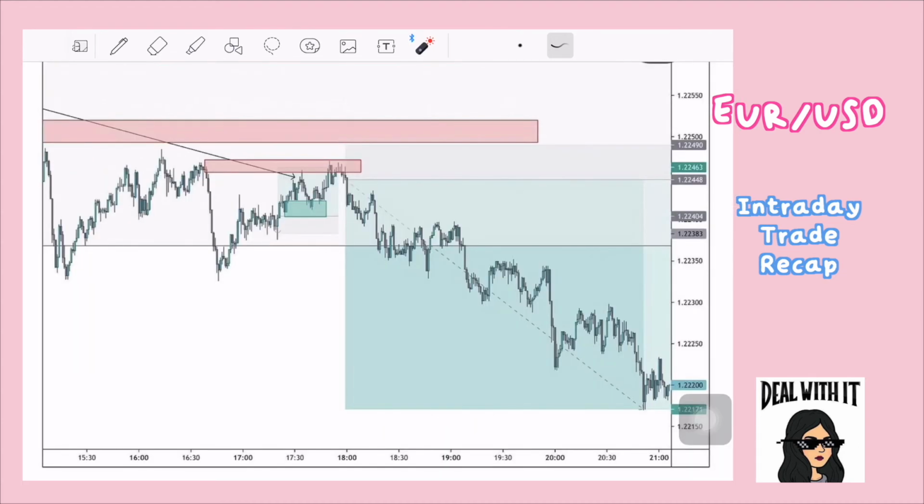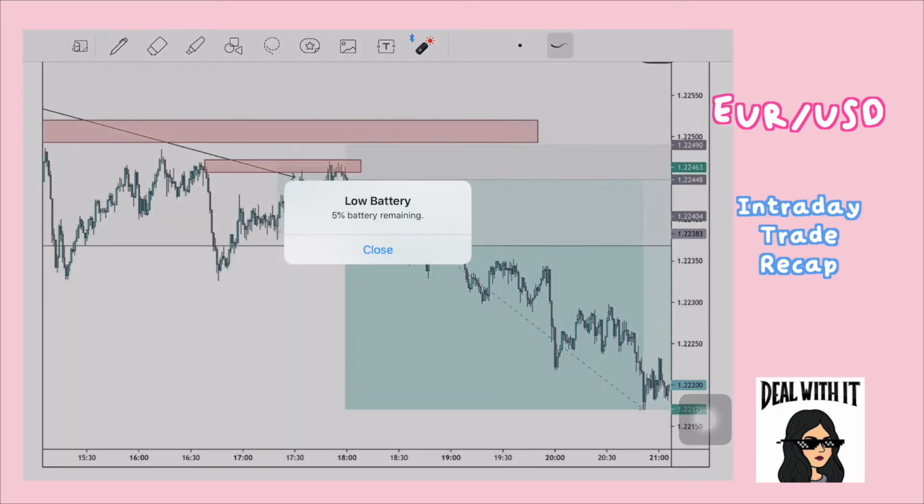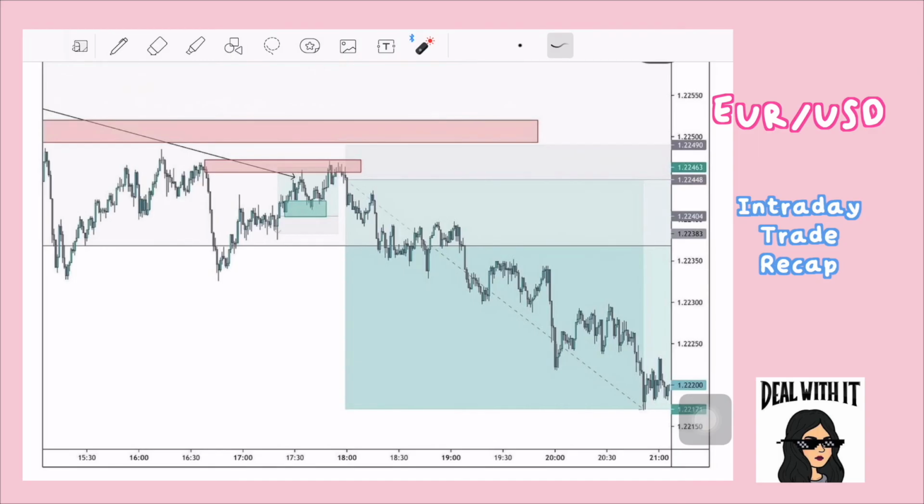Once I was in the trade, I noticed that there were a lot of wicks over here, a lot of rejection, and it gave me enough reasoning, alongside the bearish momentum on the 1 minute time frame, as well as my overarching understanding that we were reacting from a weekly zone, a weekly sell zone or order block, to want to flip for at least a 1 minute scalp to one of my further targets below, which was based off the 15 minute.